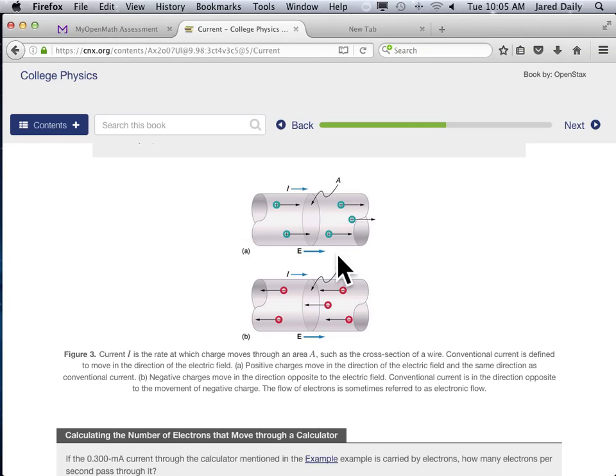Remember, in the static electrical stuff, we never got electric fields inside of the materials. Electric field was always zero inside of a conductor. But when charges flow, there is an electric field inside, and that's actually what's pushing the electrons along, or pushing the positive charges along. In this case, though, when the current is flowing to the right, the electric field is to the right, but what's really happening is electrons are flowing to the left.